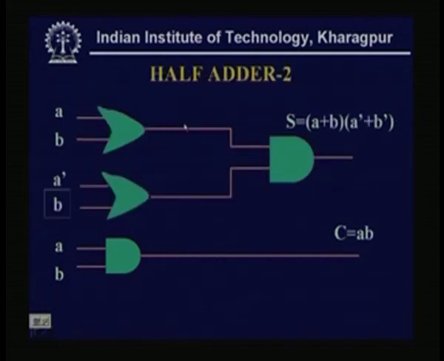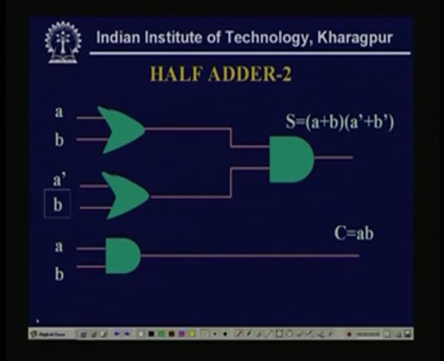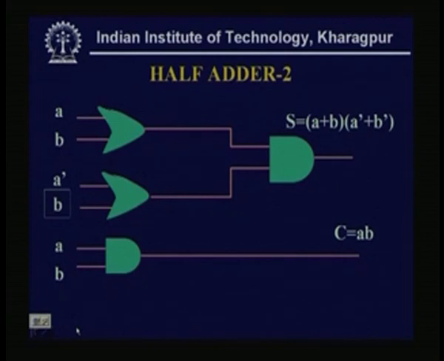See that A plus B and this is A dash plus B dash, 2 input OR gates and then 1 2 input AND gate, and carry remains the same. So, the total number of gates is the same. So, this is a different type of realization of the half adder.